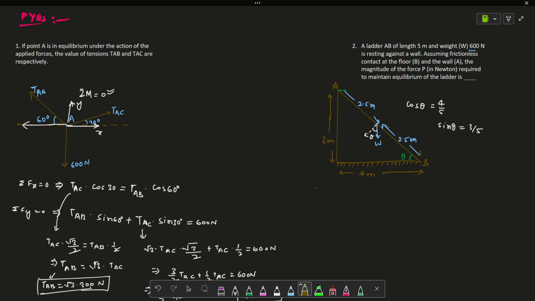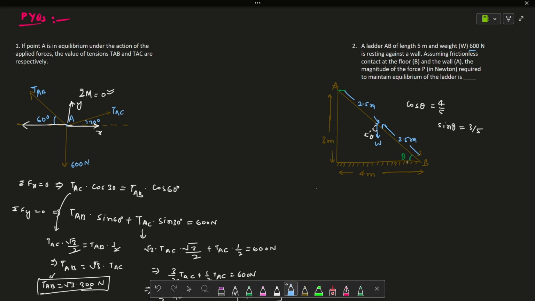Since the center of mass of this ladder will be at the middle point, and if you go through the Pythagoras theorem, the ladder length will be 5 meter, and the weight should act at the middle point, 2.5 meter from B. Assuming the wall friction and contact at A and B is 0, that means frictionless at points A and B, the magnitude of force P is required to maintain the equilibrium.